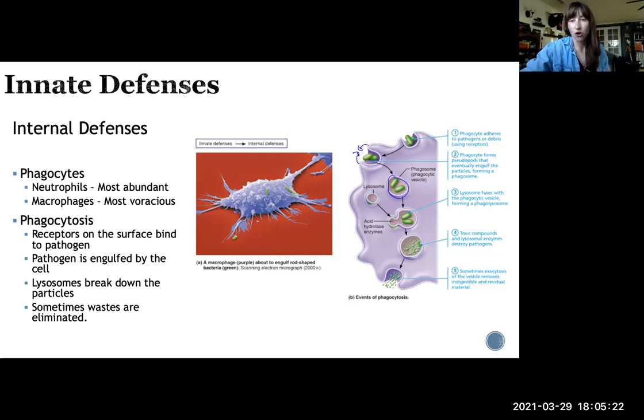and you have a vesicle inside of the cell. You merge that with something with enzymes in it, like a lysosome. Then you can digest the contents, whatever that bad thing was, and exocytose anything that you don't need.